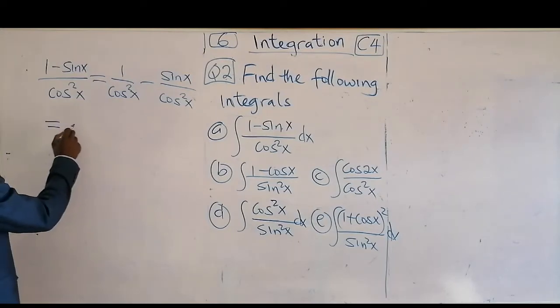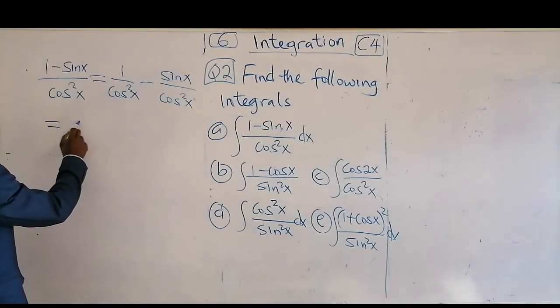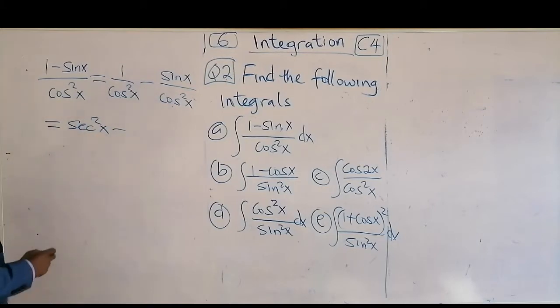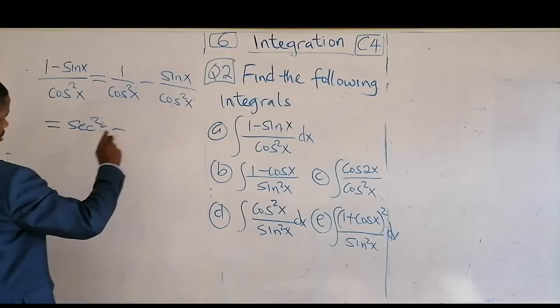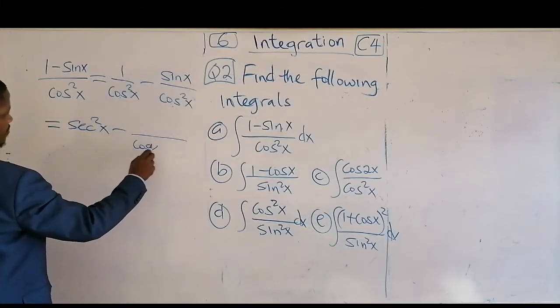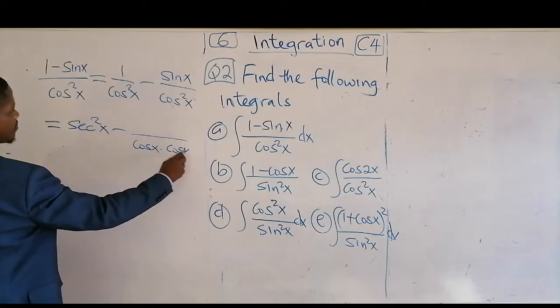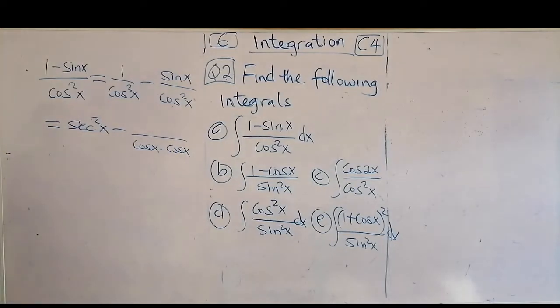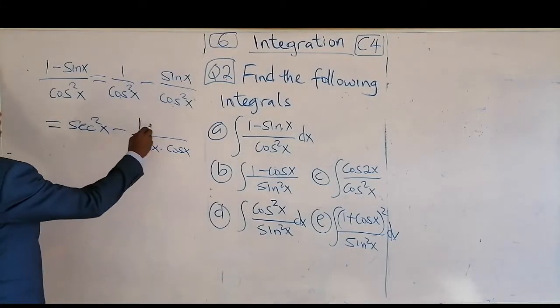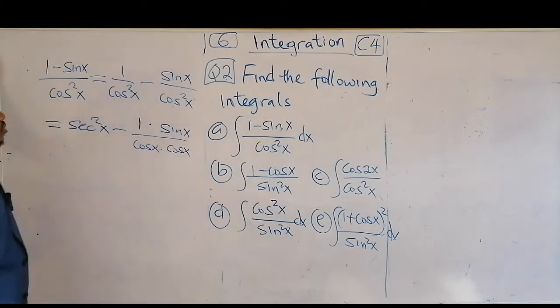This gives us sec square x minus sin x over cos square x. You have to split it into two parts: one here, another one here. So 1 times sin x.